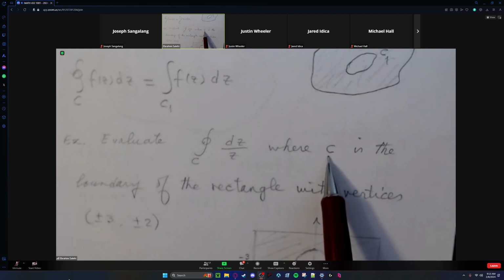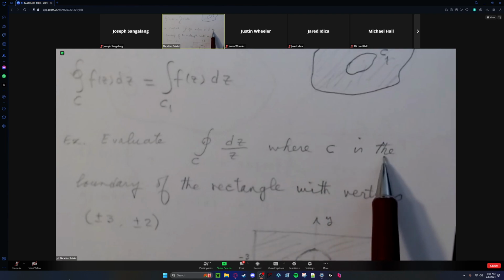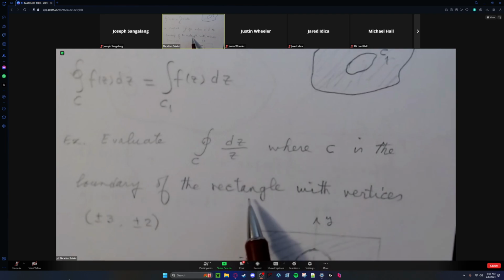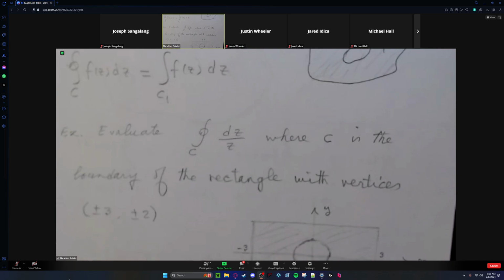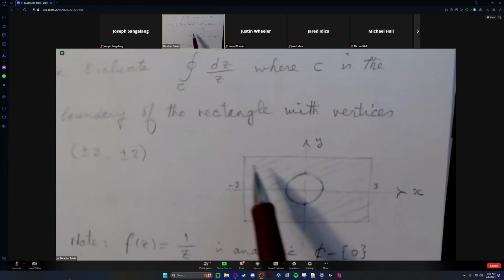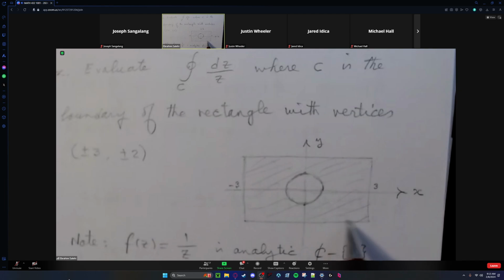What is C? It says C is the boundary of the rectangle with vertices given. So here is the rectangle with vertices being given.